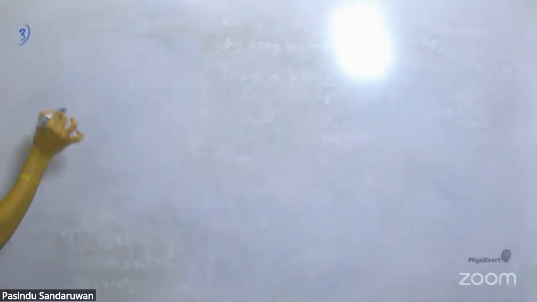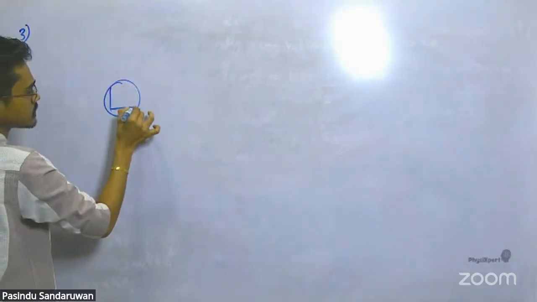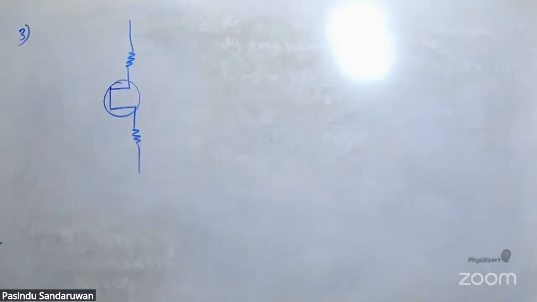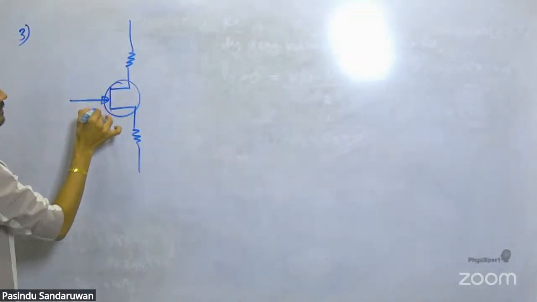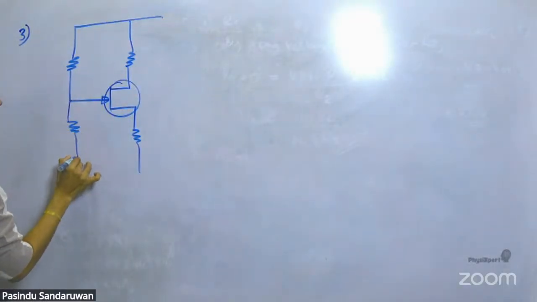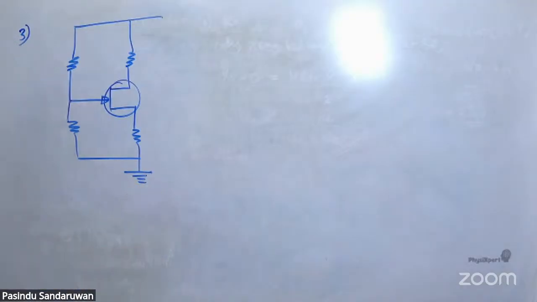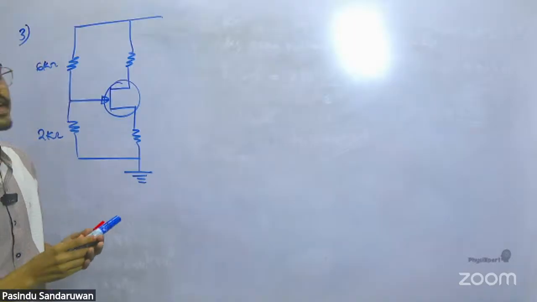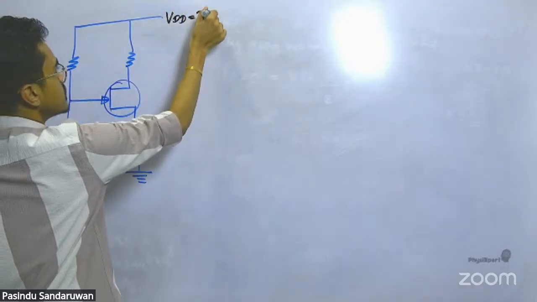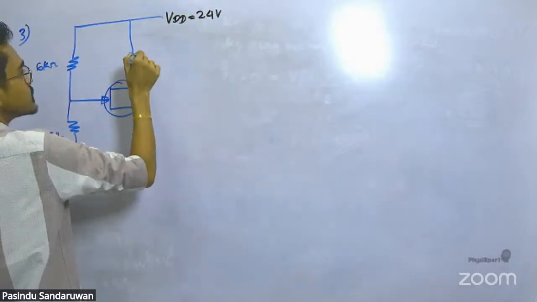Question 3. Two kilo ohms, 6 kilo ohms. VDD given as 24 volts. 4 kilo ohms.